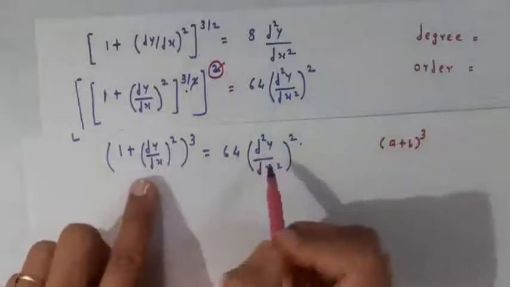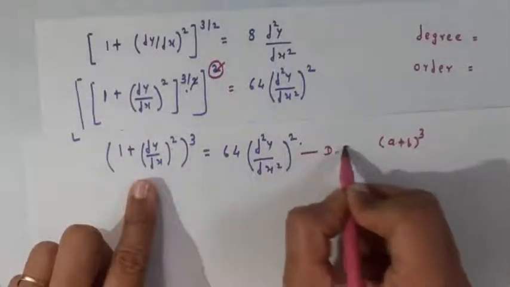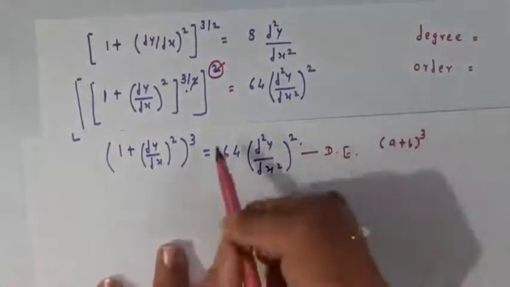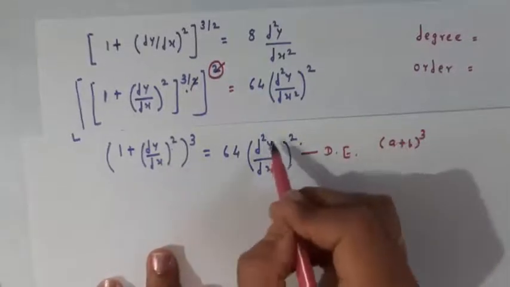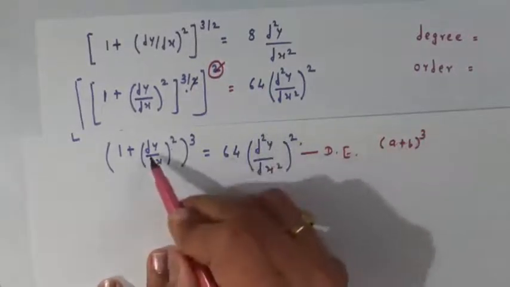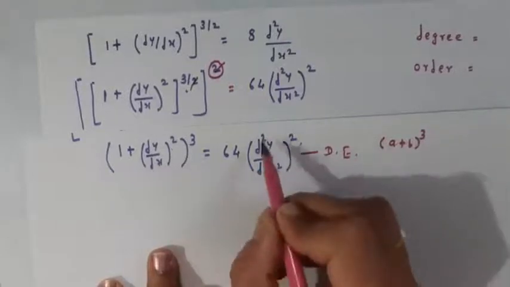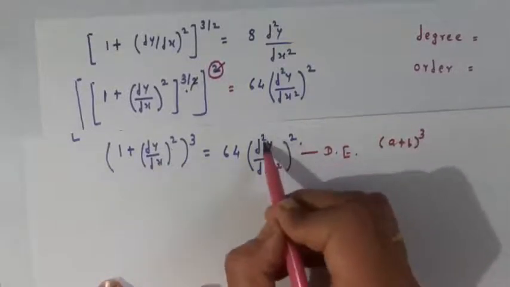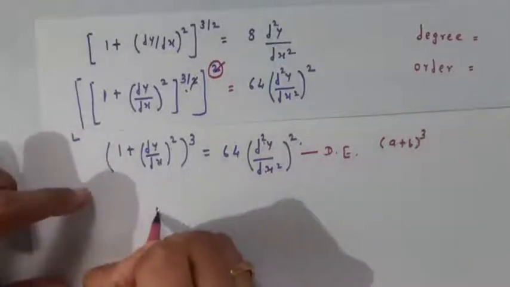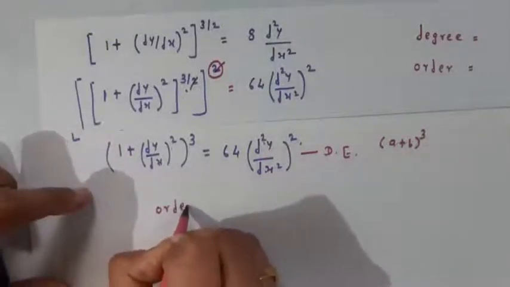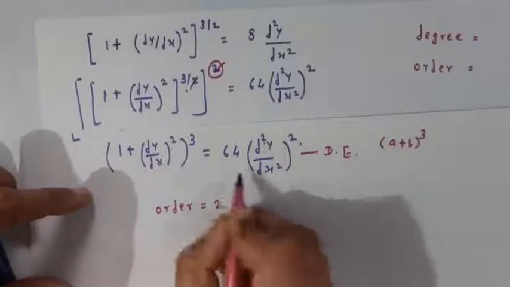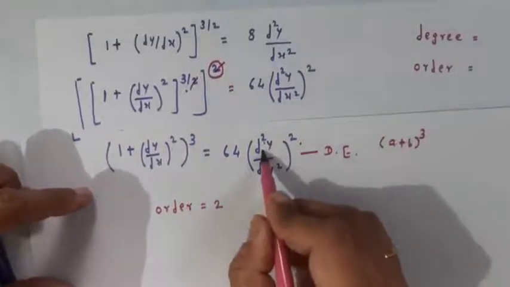In this differential equation, for the order we look at the highest order derivative: here dy/dx and here d2y/dx square. So the highest order is 2, and that's why the order of the differential equation is 2.